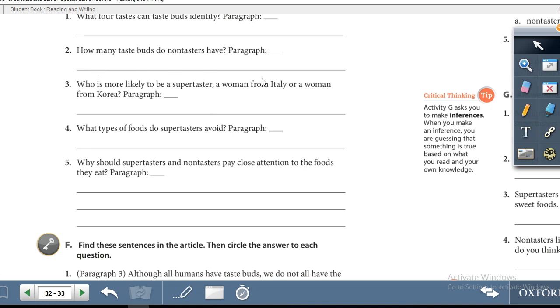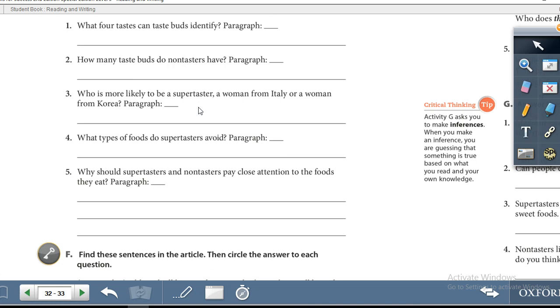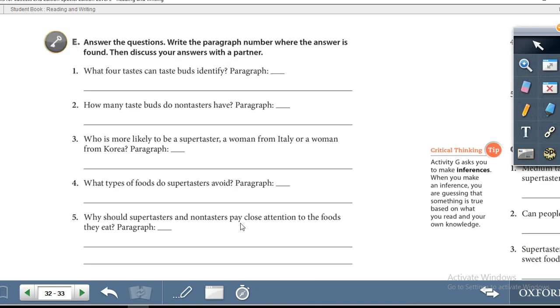The question is, how many taste buds do non-tasters have? Let's just say that the answer is 4 or 5. I will write my answer over here, and which paragraph it came from over here. You will write the paragraph number here, answer over here. So that is how you will complete exercise E.